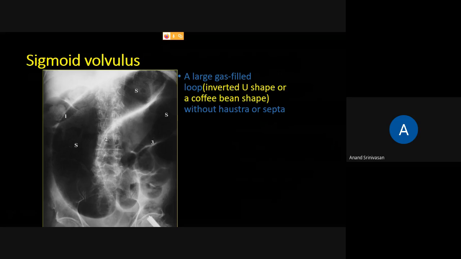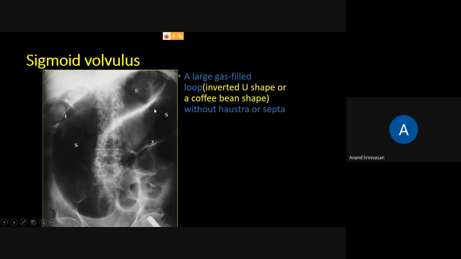The next is sigmoid volvulus. What is the meaning of volvulus? A mesentery can keep rotating around itself. You know that the sigmoid mesocolon is present above the sigmoid. When this mesocolon rotates upon itself, it can lead to a large shaped abnormality like this.